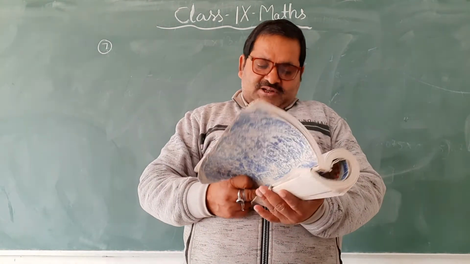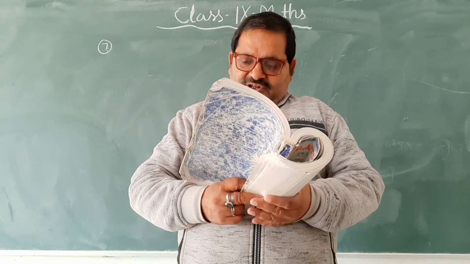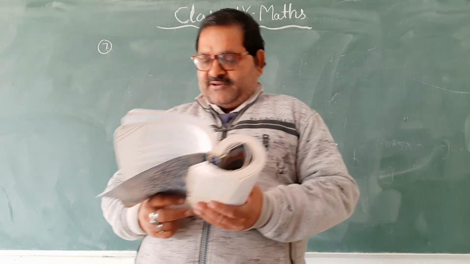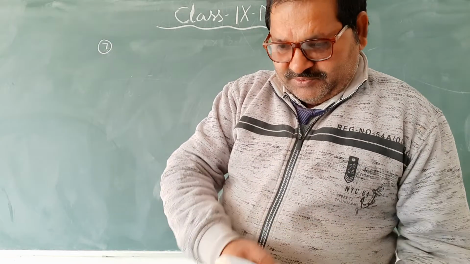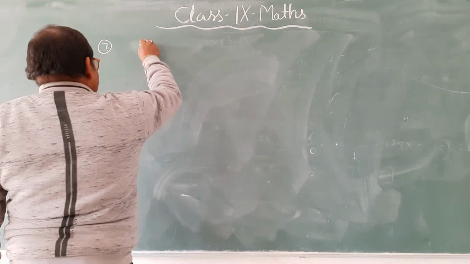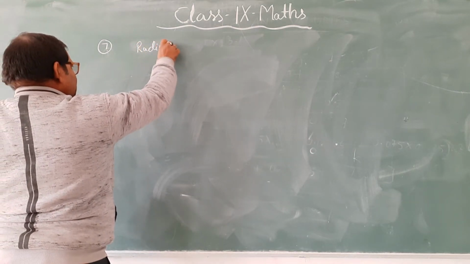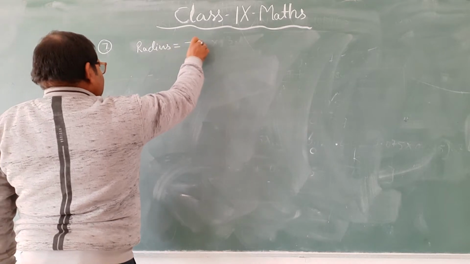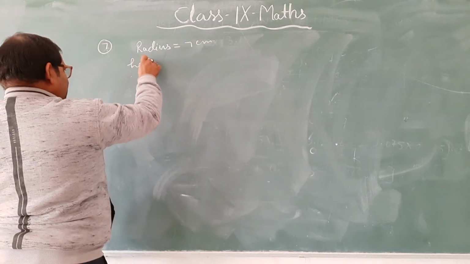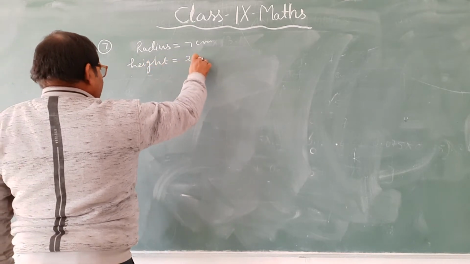a joker's cap is in the form of a right circular cone of base radius 7 and height 24. Base radius 7 centimeter and height equal to 24 centimeter.